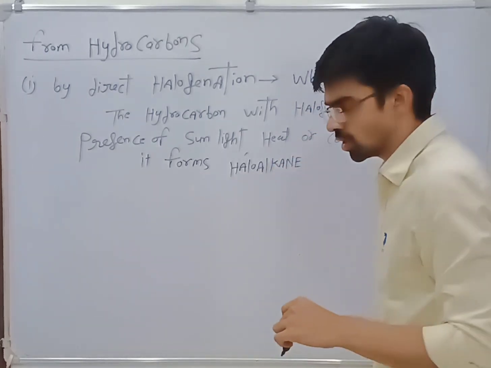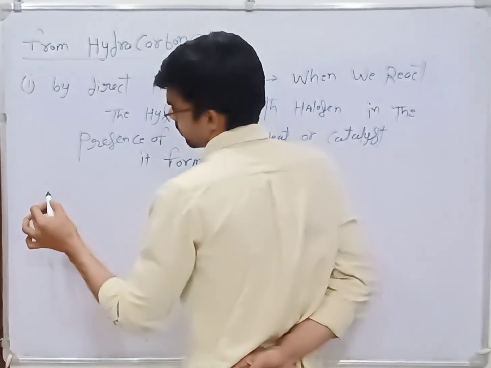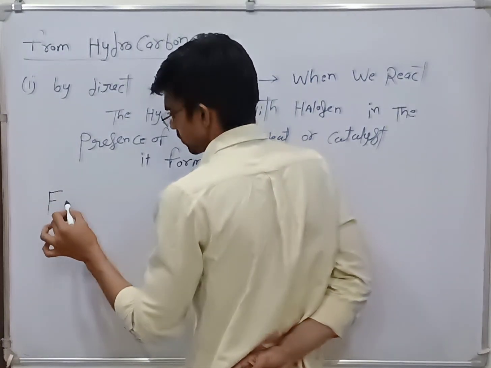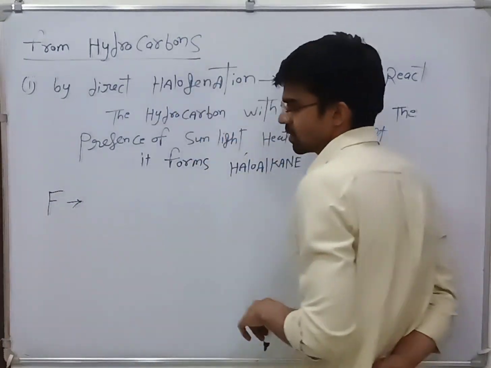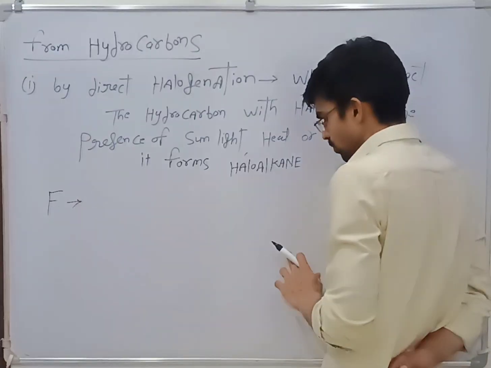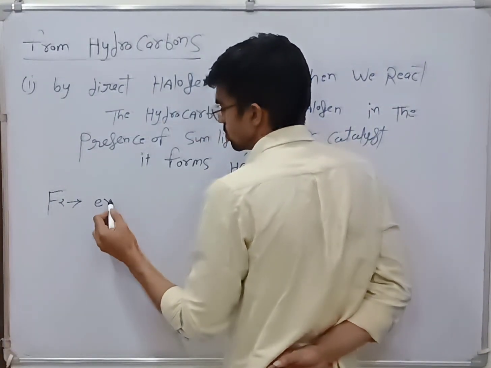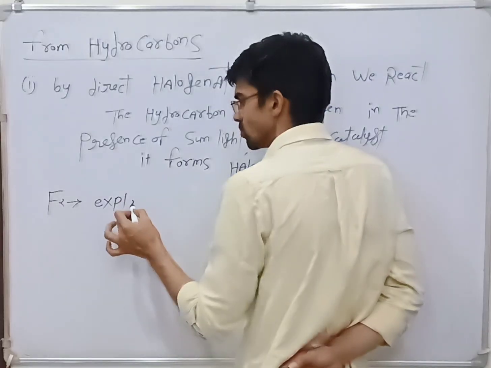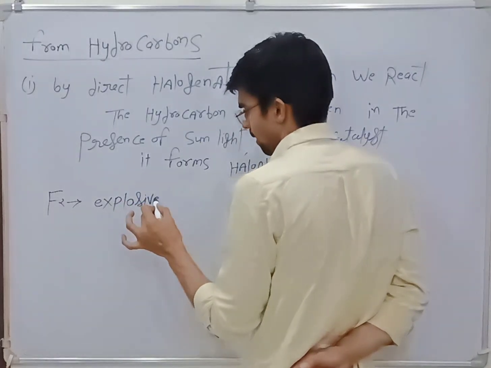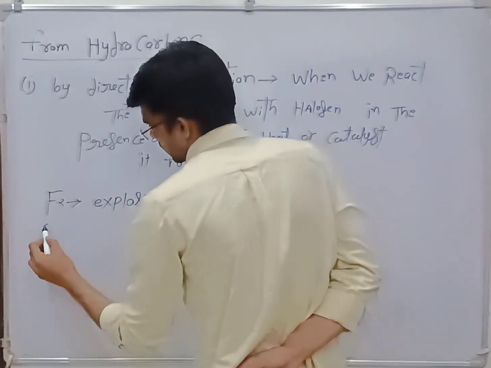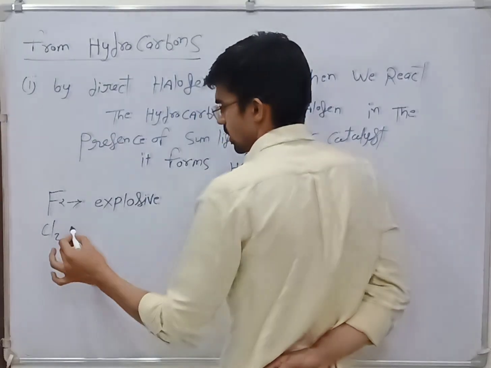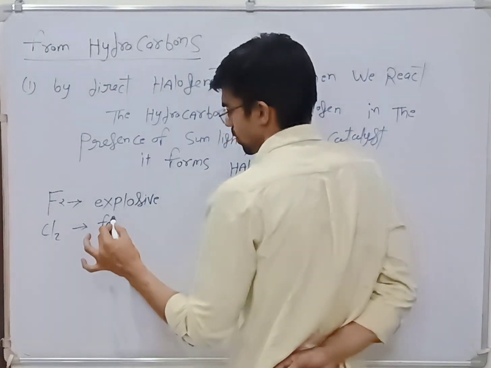See here what happens when you take chlorine to react with the hydrocarbon. Fluorine is a very reactive gas, so the reaction becomes explosive. So we don't use fluorine. If we use chlorine, it gives a fast reaction.